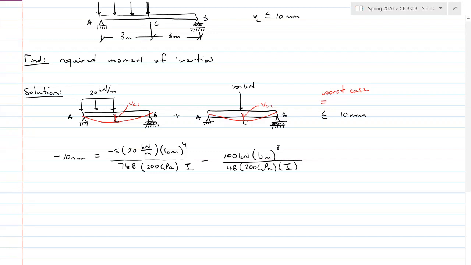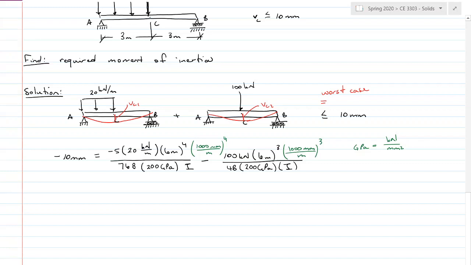All right, I have kilonewtons, meters, and gigapascals, and millimeters. So a little side note, gigapascal is equal to a kilonewton per millimeter squared. So that means I can have 1,000 millimeters per meter to the fourth and 1,000 millimeters per meter cubed.